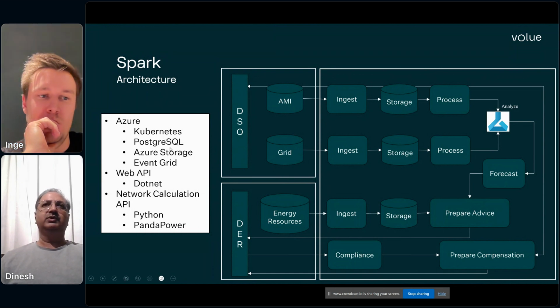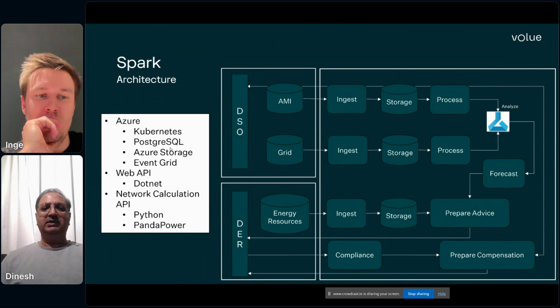We said we can store the data in PostgreSQL and Azure storage, and send the messages across using Event Grid. Then we wanted to develop the web API using .NET, and perform the network calculations required to analyze the network situation at any point of time using Python and PandaPower.